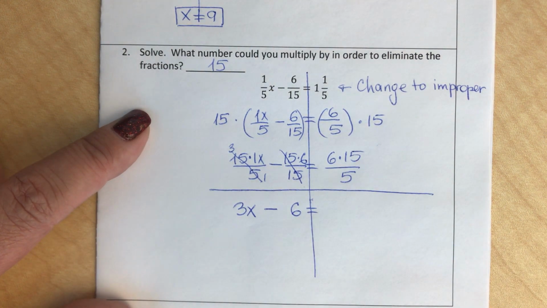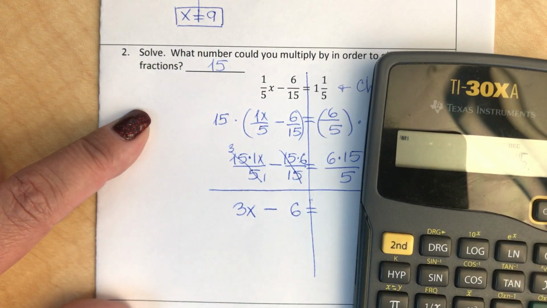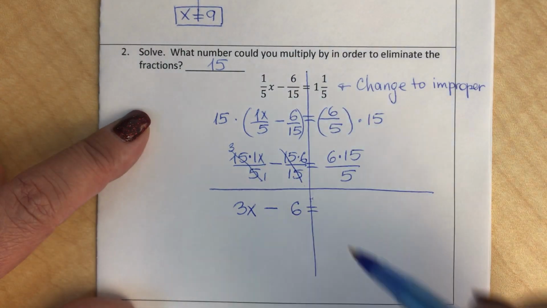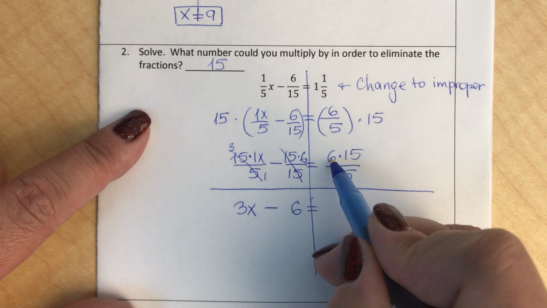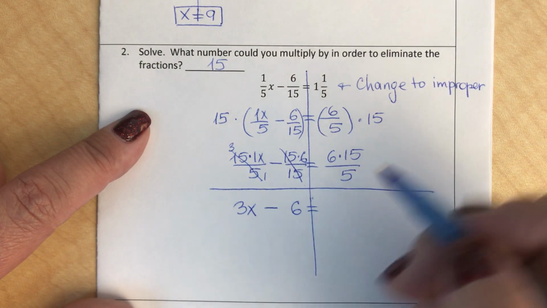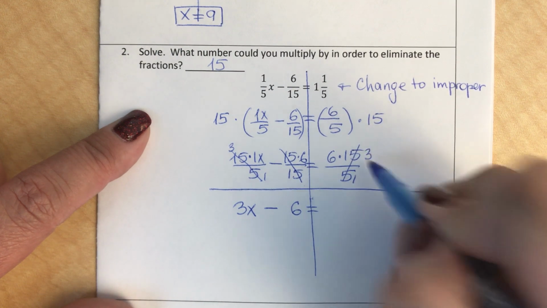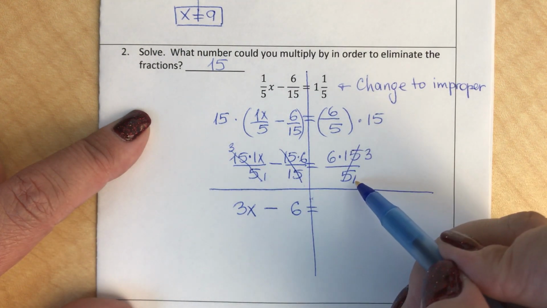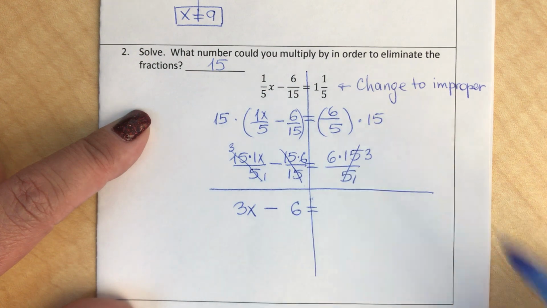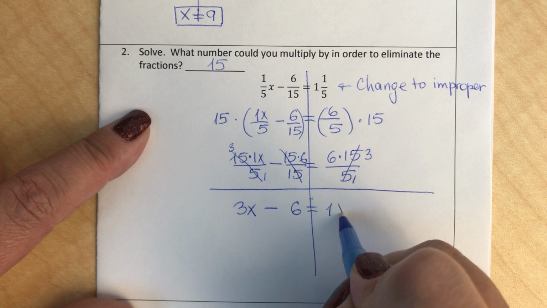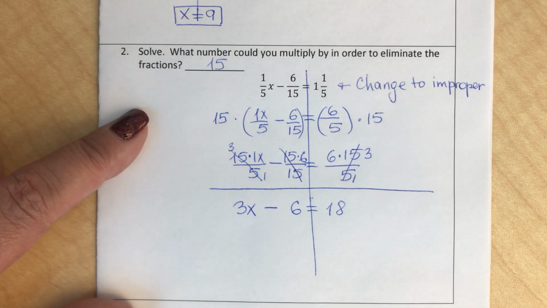Or I can multiply 15 times 6 and then divide by 15. And it's still 6. I have 6 times 15 divide by 5. So I can multiply and then divide, or I can simplify this 5 and 15, and then just multiply 6 times 3. Gives me smaller numbers to work with. Divide by 1. So that's 18.